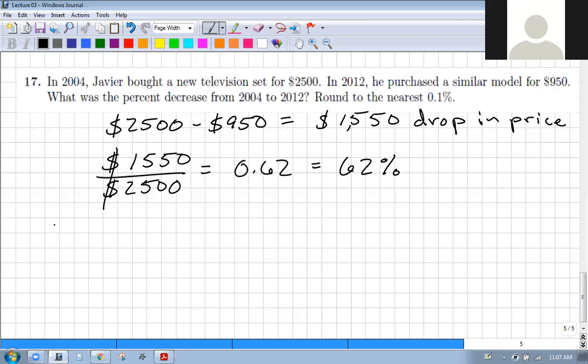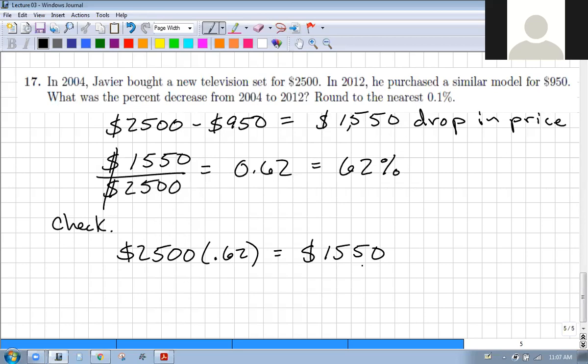Right, and we could check our answer, right? If we have 2,500 and we take 62% of it, 2,500 times 0.62, we get 1,550, which was the price difference, right?